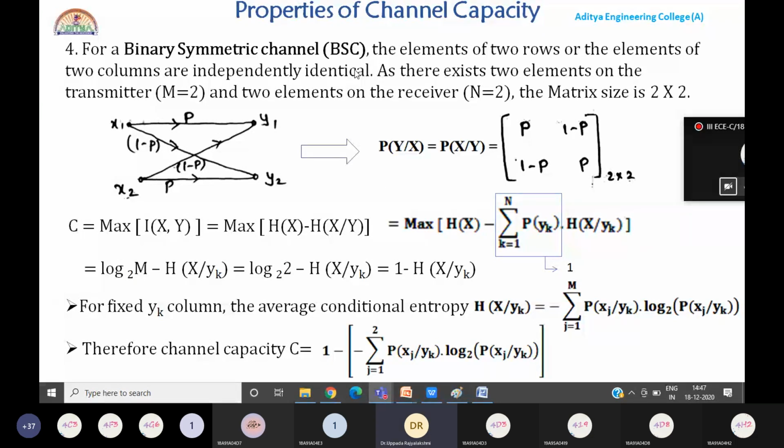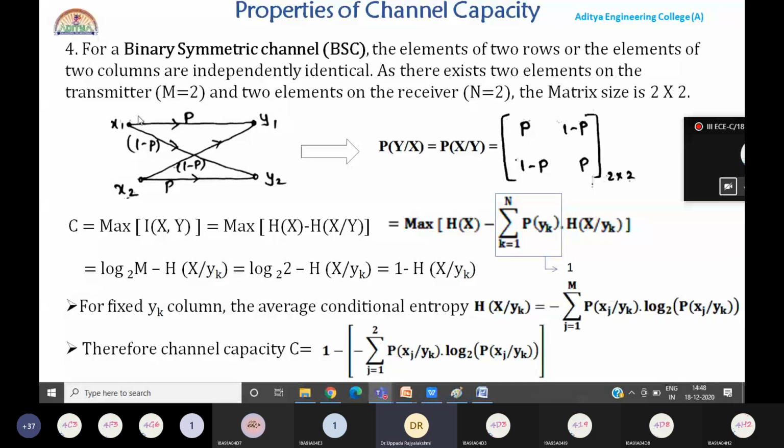So for a binary symmetric channel, the elements of two rows or the elements of two columns are independently identical. Here it is a matrix size of 2 by 2 because two elements are there on the transmitter side, x1, x2, and two elements on the receiver side, y1, y2.